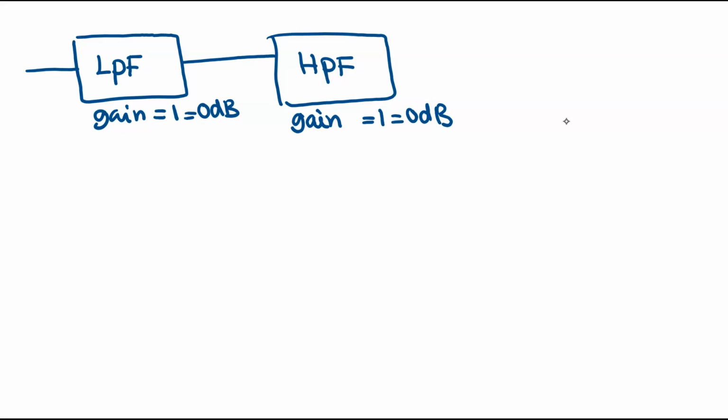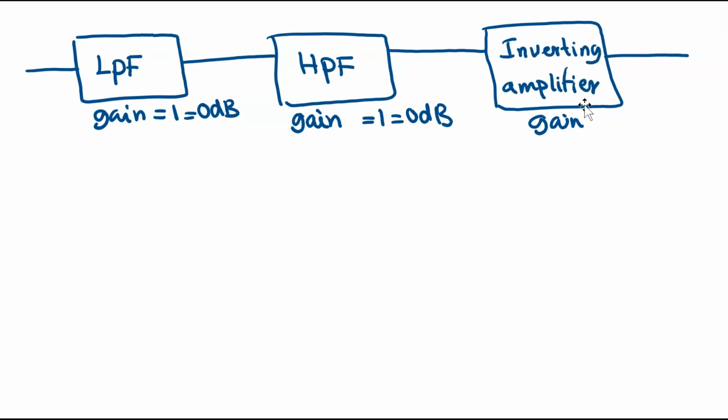And then, in order to add a desired gain, I can use an inverting amplifier at the end to provide my desired gain for this filter. So this is how I can make a bandpass filter by cascading these three components.